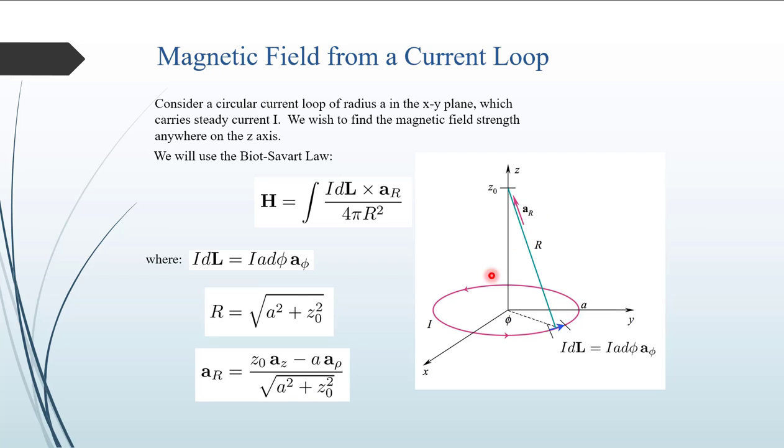So after subtracting, we'll get r and its magnitude like this, and ar cap will be like this. This point here they have considered on z axis is equal to z naught. So z naught az cap minus a ar cap will be the unit vector divided by the square root of a square plus z square.